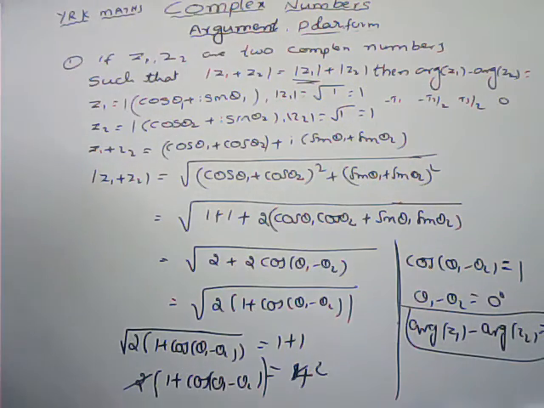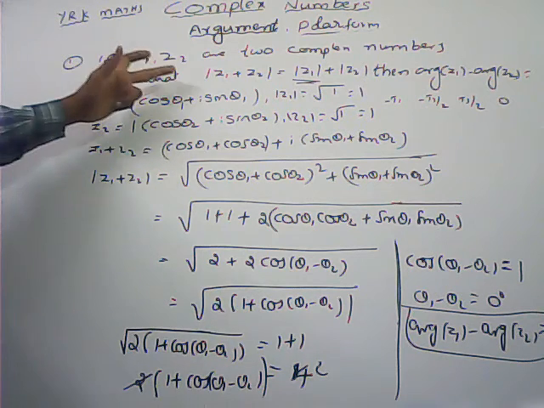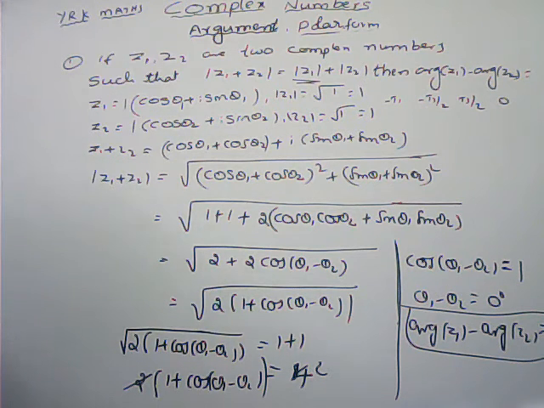This is an important model. If modulus of Z1 plus Z2 is equal to modulus of Z1 plus modulus of Z2, then we can write argument of Z1 minus argument of Z2 is equal to 0. Generally we can take Z1 equal to cos theta 1 plus i sin theta 1 and Z2 equal to cos theta 2 plus i sin theta 2.